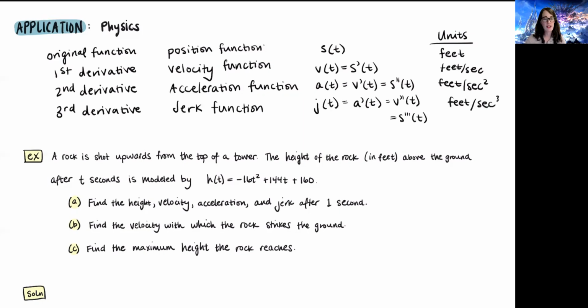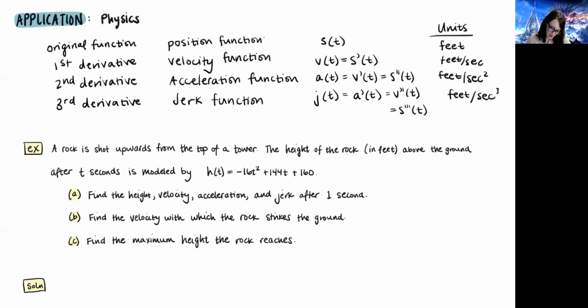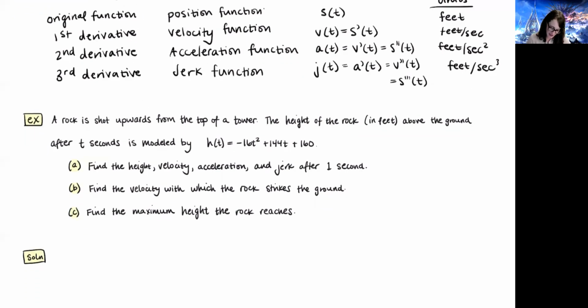So here's one example. Always shooting rocks or balls off tops of buildings or towers. Here's another example with that, mostly because the model tends to be pretty simple. And this isn't a physics class, so we just want to keep it relatively simple. So here's the example. We're shooting a rock upwards from the top of a tower.